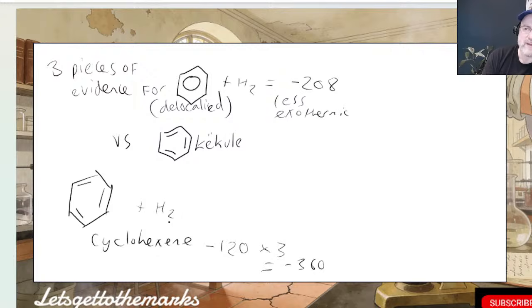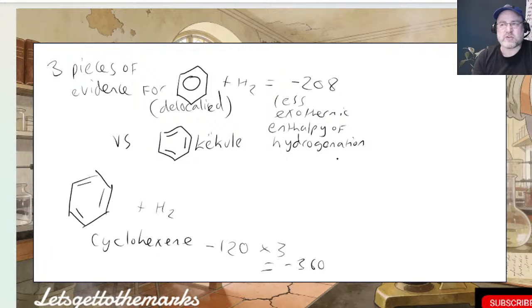Now, what is less exothermic? We would call it a less exothermic enthalpy of hydrogenation. You need to say that is because the benzene ring stabilizes it, so it is more thermodynamically stable. That's one bit of evidence.